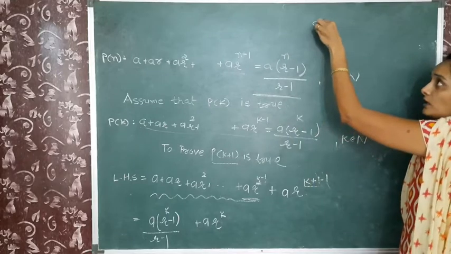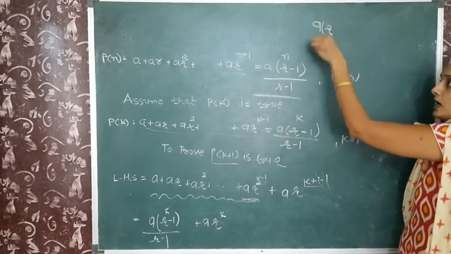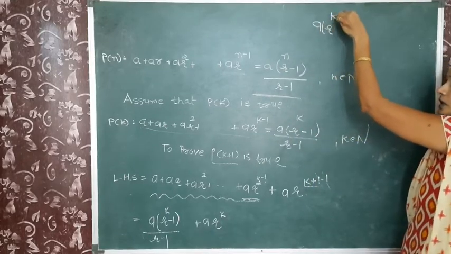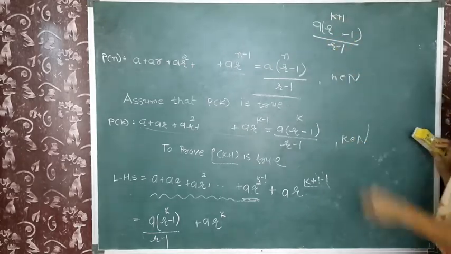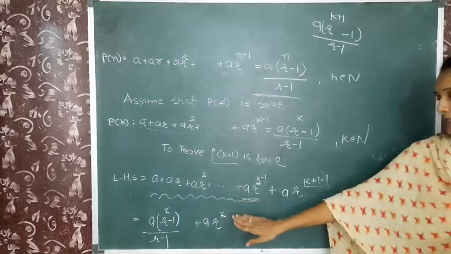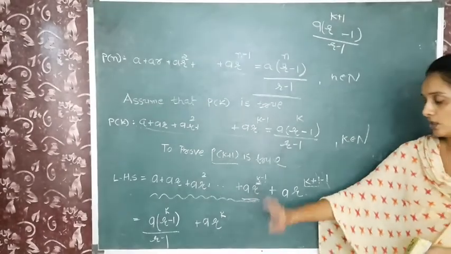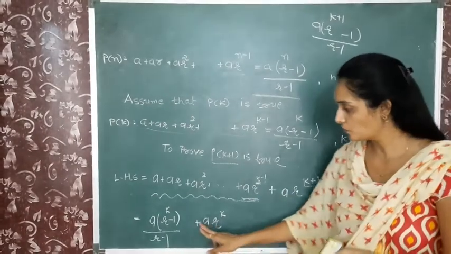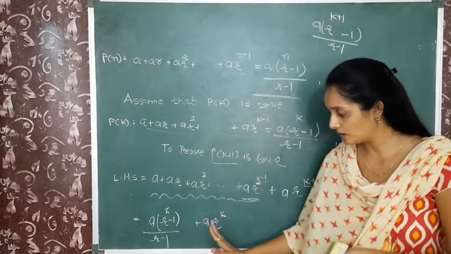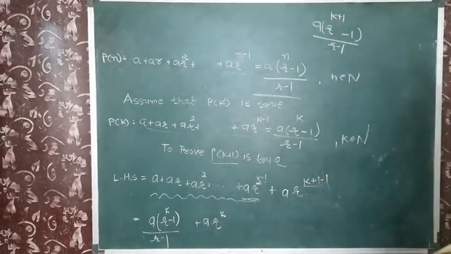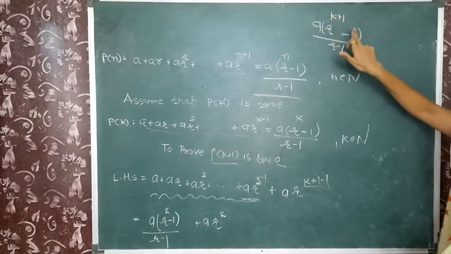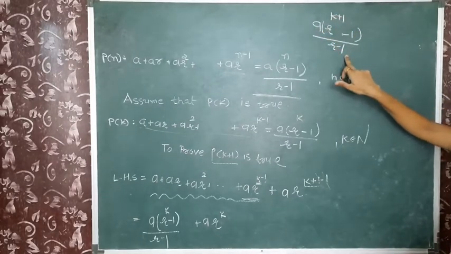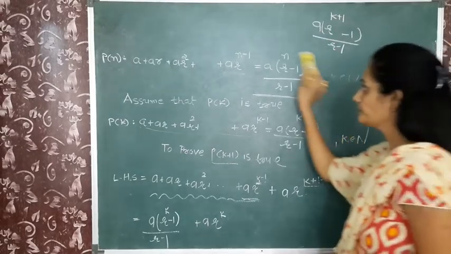That means if we get a r raised to k plus 1 minus 1 upon r minus 1, then we can say LHS is equal to RHS. So to simplify these two terms, we want to get a r raised to k plus 1 minus 1 upon r minus 1.